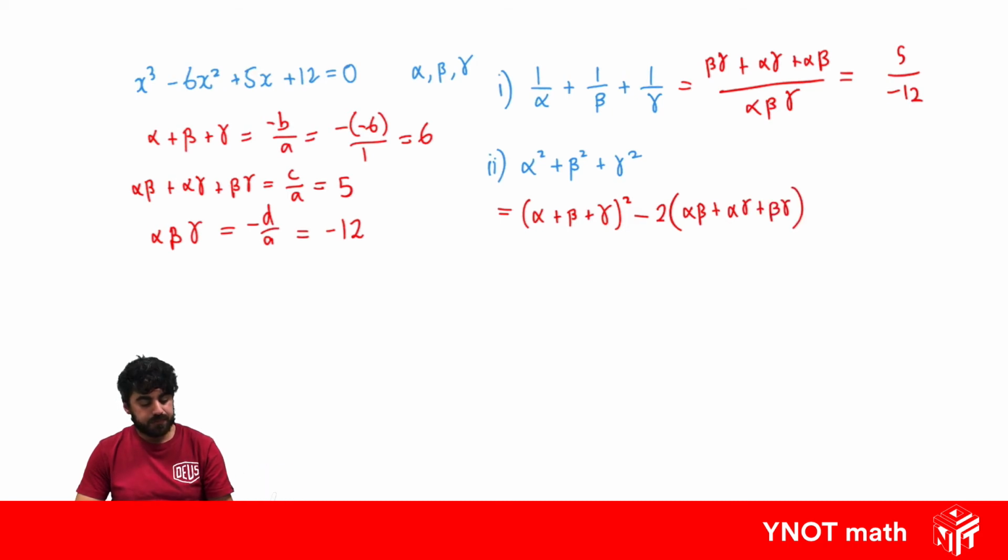So it's the sum of the roots squared minus 2 times the sum of the roots 2 at a time. And we know that the sum of the roots is 6, so we're going to have 6 squared minus 2 times the sum of the roots 2 at a time, which is 5. So we're just going to get 36 minus 10, which is 26.